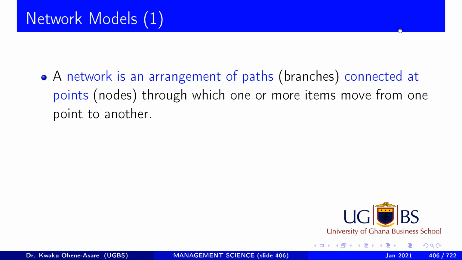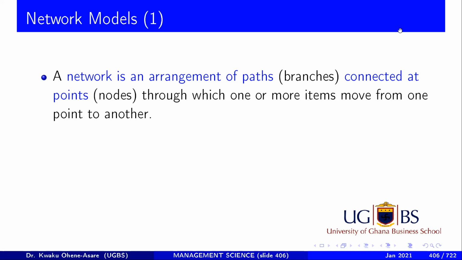That very junction is a node. When you get to the Accra Mall, there is another node. Between the Accra Mall node and Okpongolo Junction is an arc, or a branch, a path.